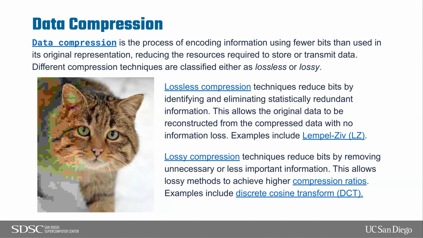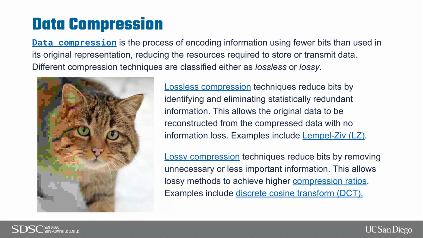Lossless compression techniques are algorithms that allow you to reduce the size of your data in a particular format such that it can be reconstructed without any information loss when you decompress the file, right?